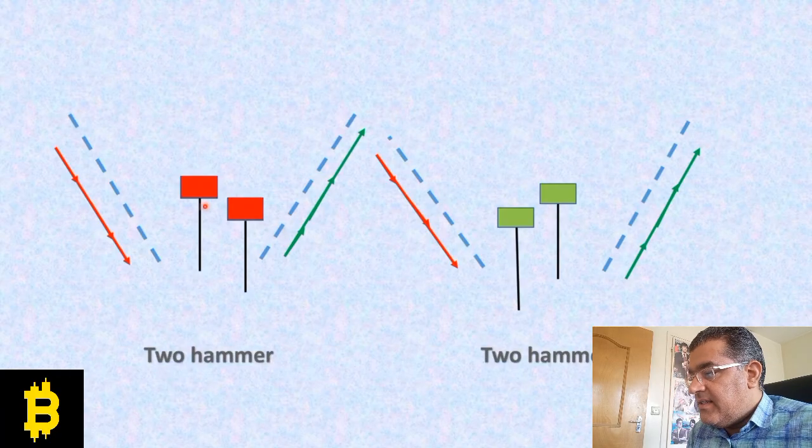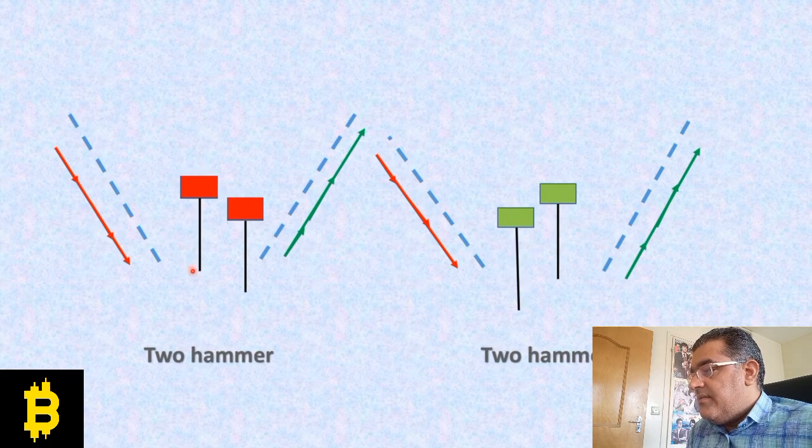The color of these 2 candles, as discussed earlier, is not important. But if the color is red or bearish, then the reversal has more power.